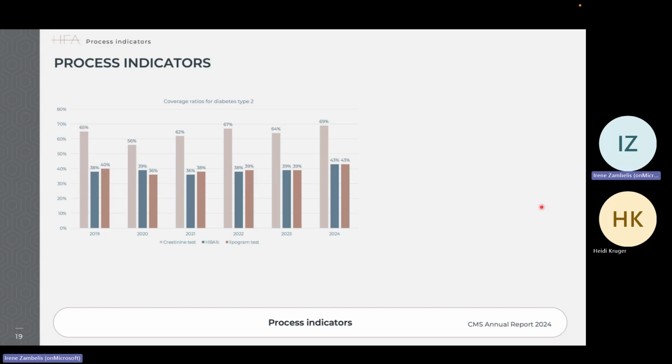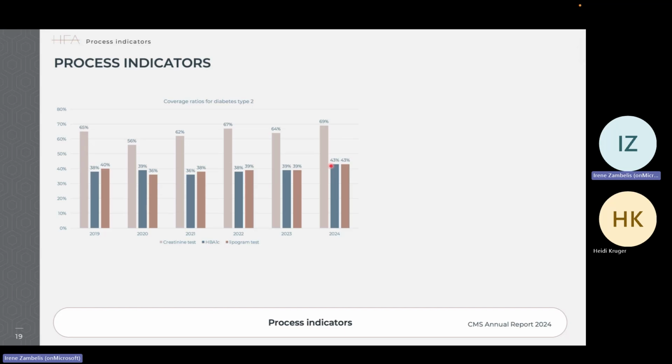And the one test that will tell you if the person has actually controlled and stabilized their sugars, it's HbA1c. And only 43% of diabetics have had the test.